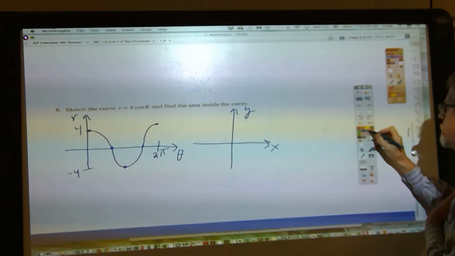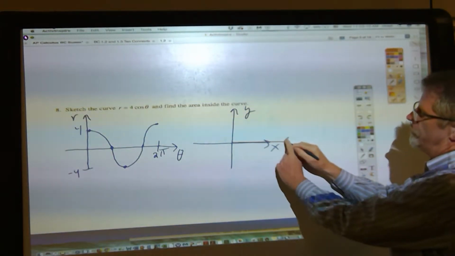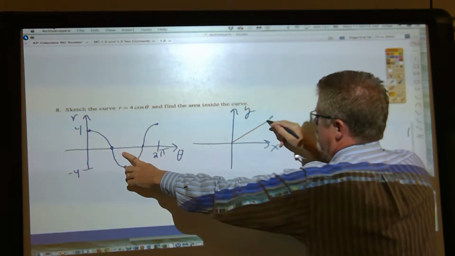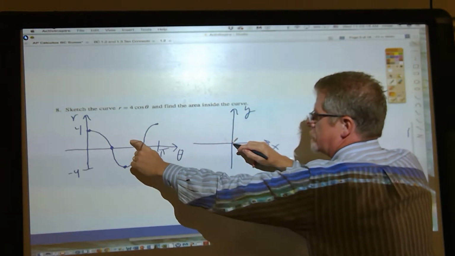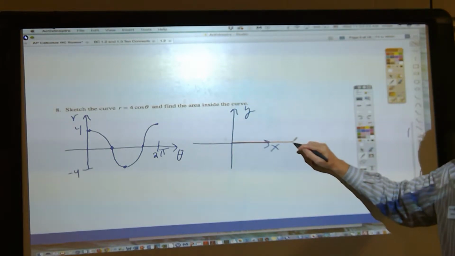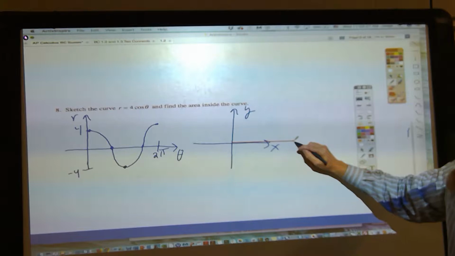So we'll go red. So start out with 4, and by the time we hit pi over 2, the radius has shrunk down to 0. And by the time we hit pi, it's shrunk to negative 4. Well, in the pi direction, negative 4 would mean actually going back this way.